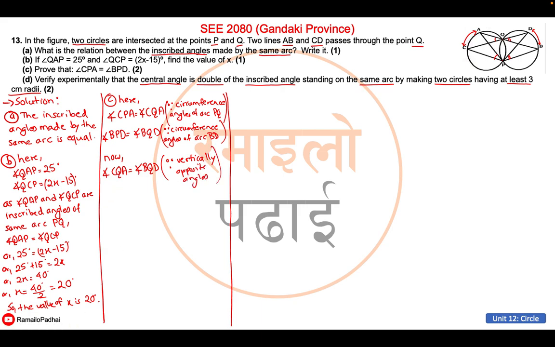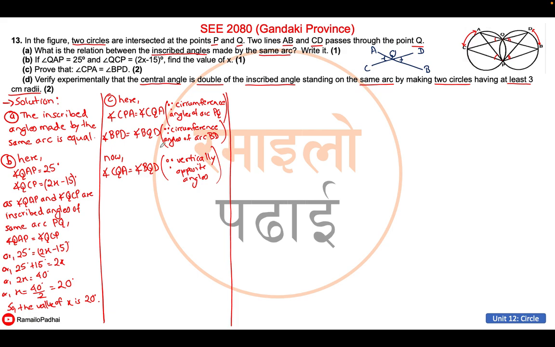Okay, let me show you by using a different color. Here these two lines CD and AB intersect at Q, so this angle will be equal to this angle. So they are vertically opposite angles.